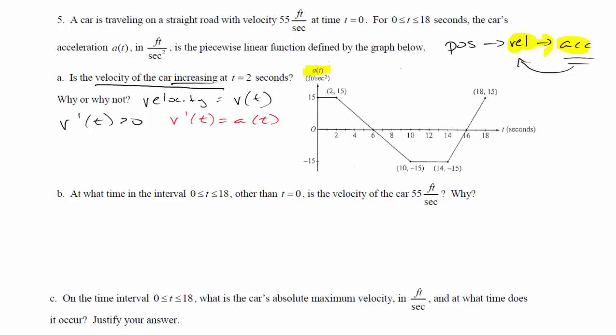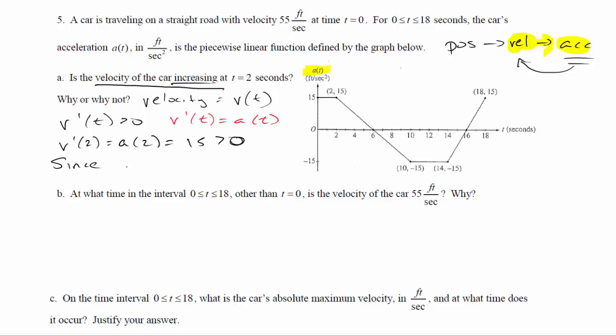So the question is, what's going on at 2 seconds? So v prime of 2 will equal a of 2, which according to this graph is 15, which the most important part about that is that it's a positive value. Do not look at this graph and see, oh, there's a flat line, so the velocity is constant. No, the acceleration is constant. However, it is still accelerating, so therefore the velocity is increasing.